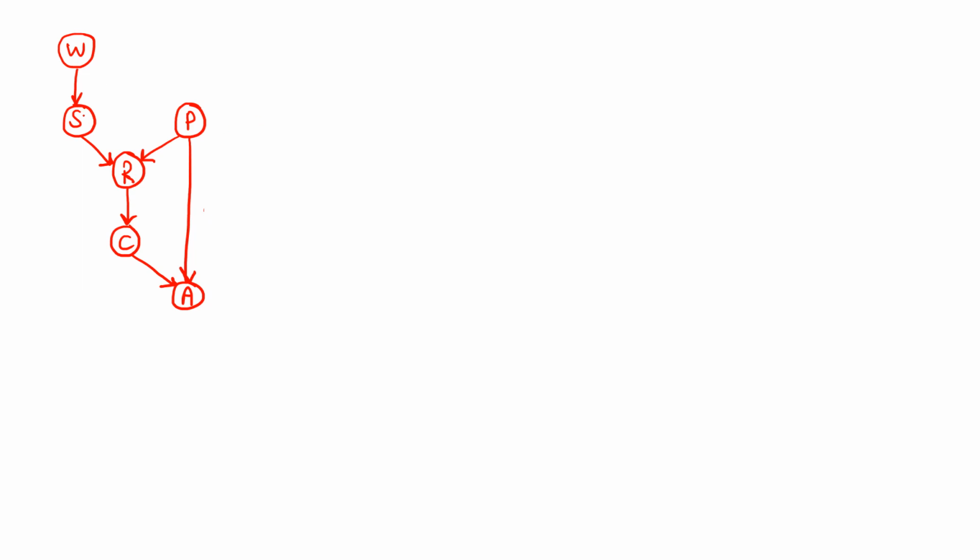So W points to S, S points to R, P points to R, R points to C, and then P and C point to A. We have also been given the values for each variable in the question. And now we will go through the questions together and solve them.